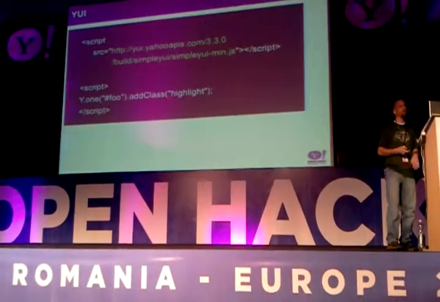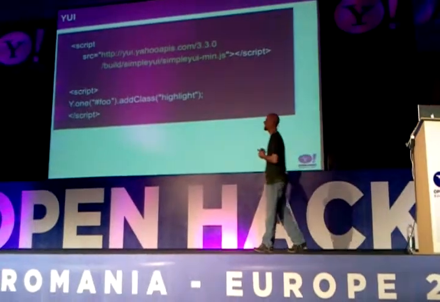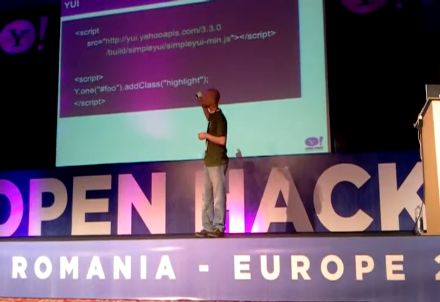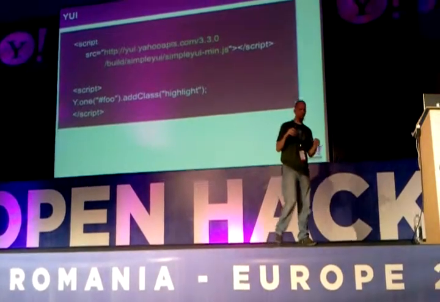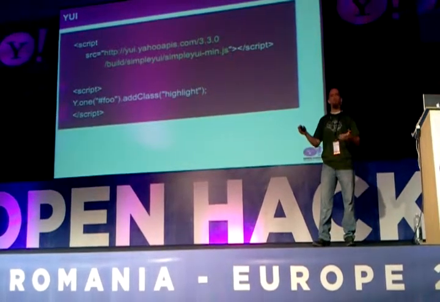This is what you need: what we call a simple YUI seed file. That is a collection of some of the basic APIs that you want to use for doing hacking.